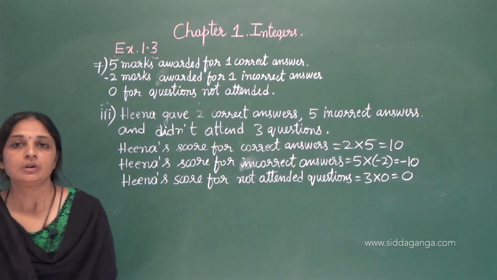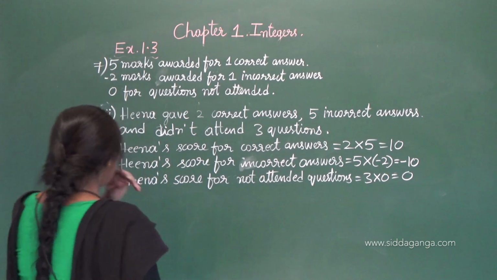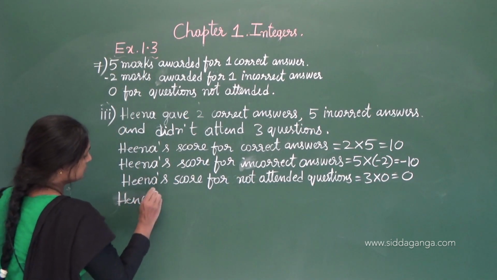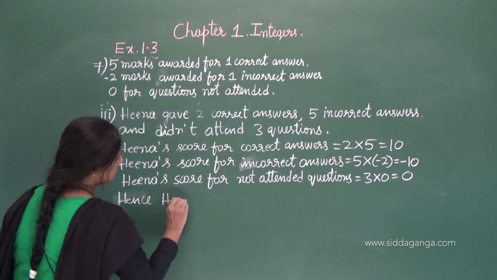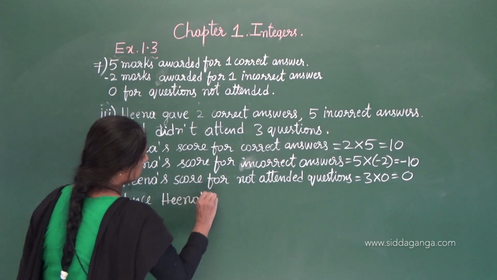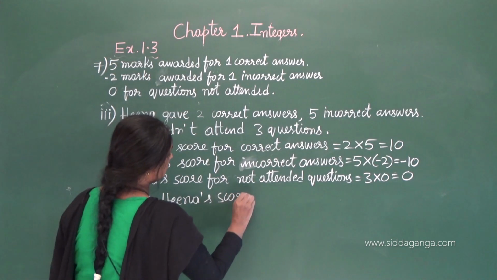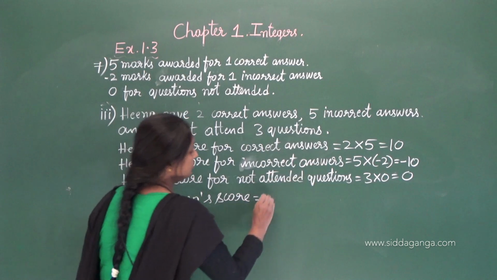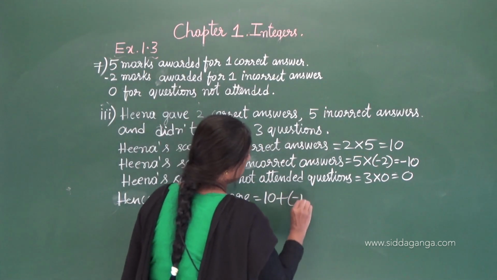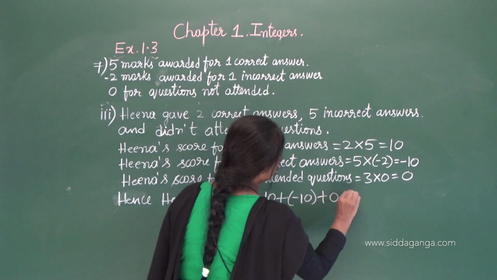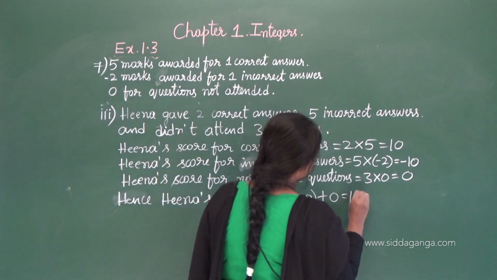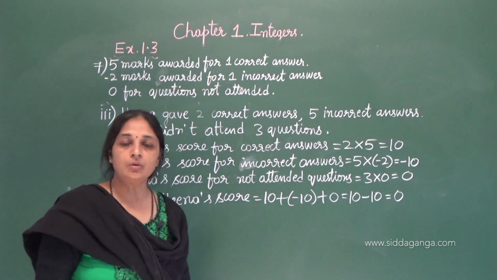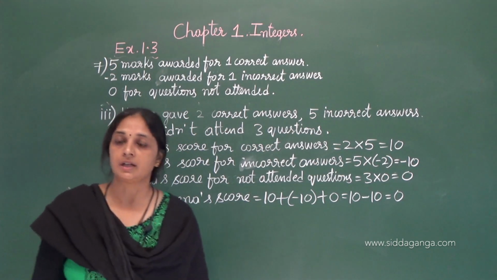Here we have to take all the scores' sum. Therefore, hence Hina's score is equal to 10 plus of minus 10 plus 0, that is equal to 10 minus 10 is equal to 0. She scored 0 marks in that test.